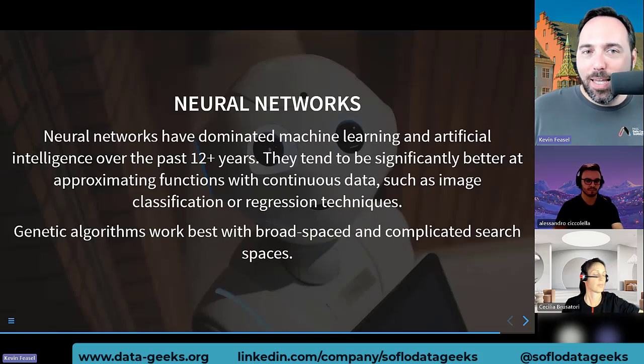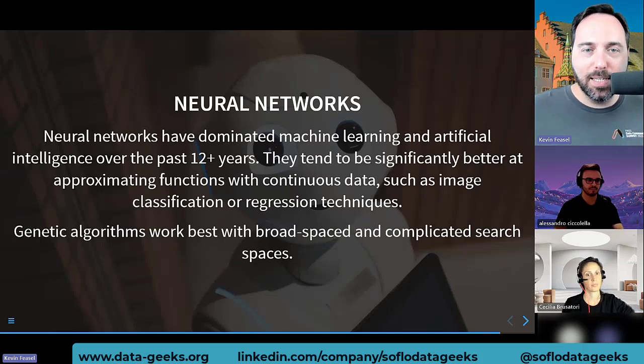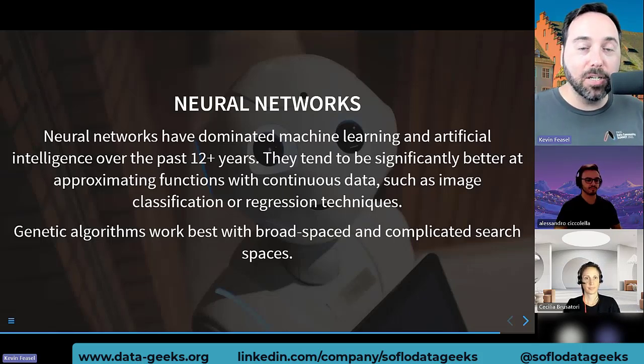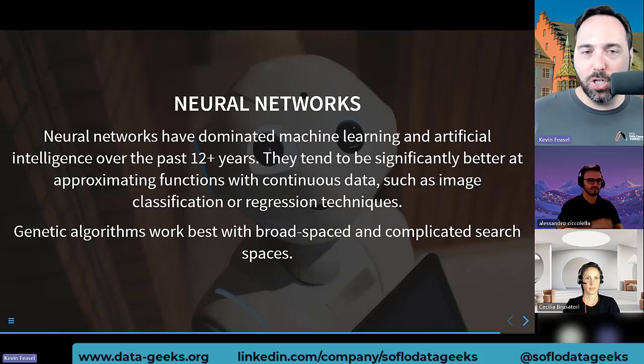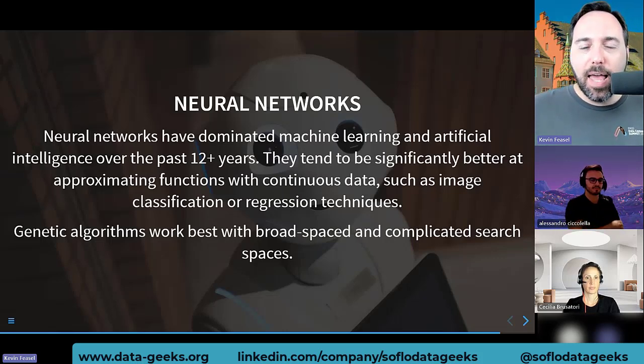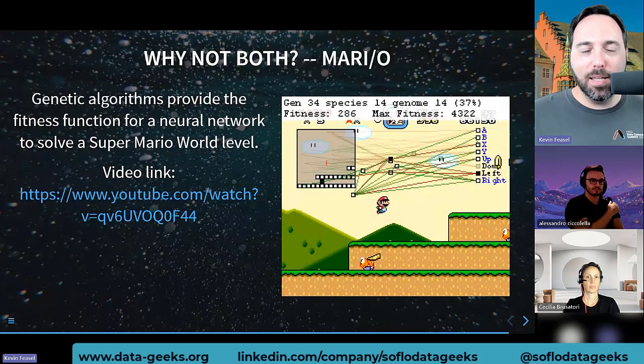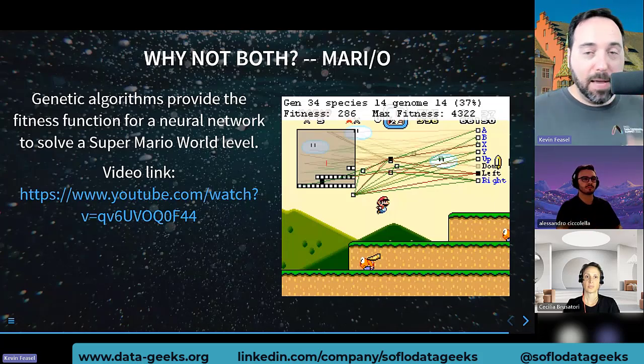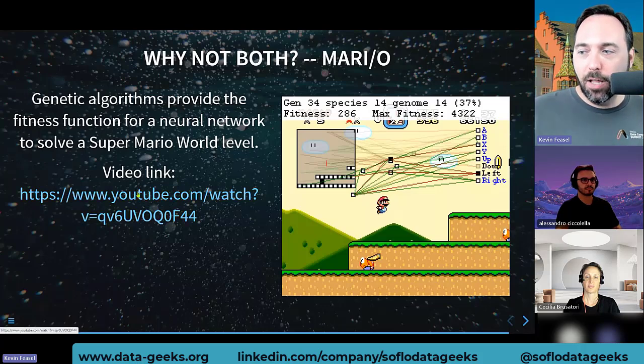A genetic algorithm isn't going to solve those types of things necessarily as well, but it is actually better for broad-based search, complicated search problems. And one area where we can see the combination of them is using genetic algorithms to help derive the set of actions that a neural network can take. This is a YouTube video from about 9 years old at this point, but I'll drop a link to it in chat here.